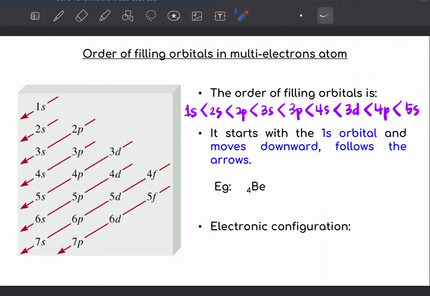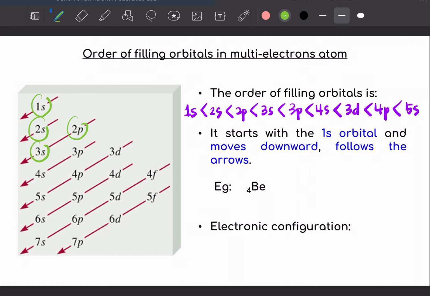So let's say we have a beryllium with 4 protons. Since it's an atom, it has 4 electrons as well. So the electronic configuration for beryllium will start with 1s and then 2s, 2p, 3s.